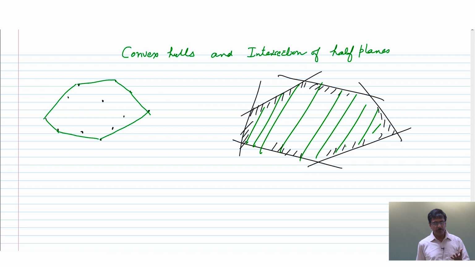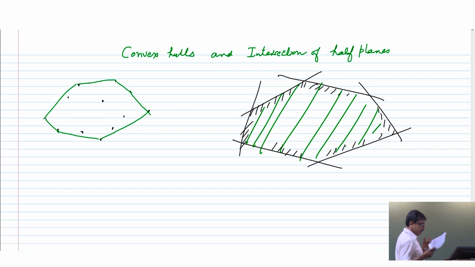What is the most important property of a convex hull? It is convex. What is the structure that I have got out of the intersection of half planes? It's also convex, because a half plane is convex, and the intersection of convex sets is convex. So, both are convex.